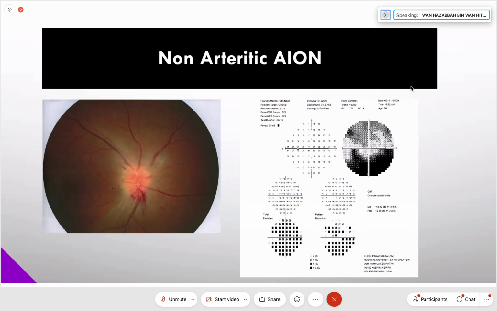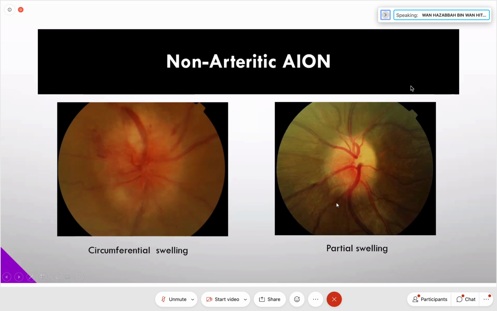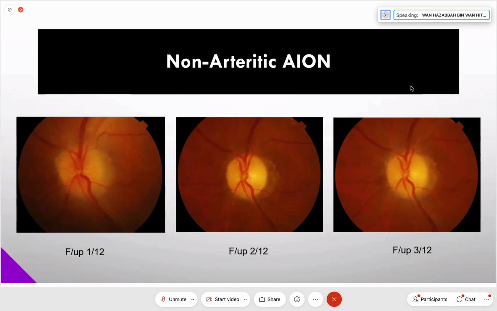Okay, this is one of our patients presenting with inferior altitudinal field defect. Then some patients may present with circumferential swelling, but some of them may present with partial swelling. Okay, so you need to assess properly in terms of optic disc appearance.